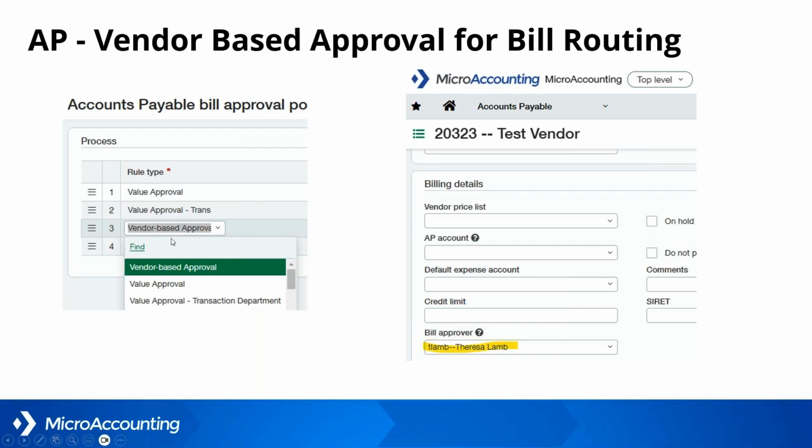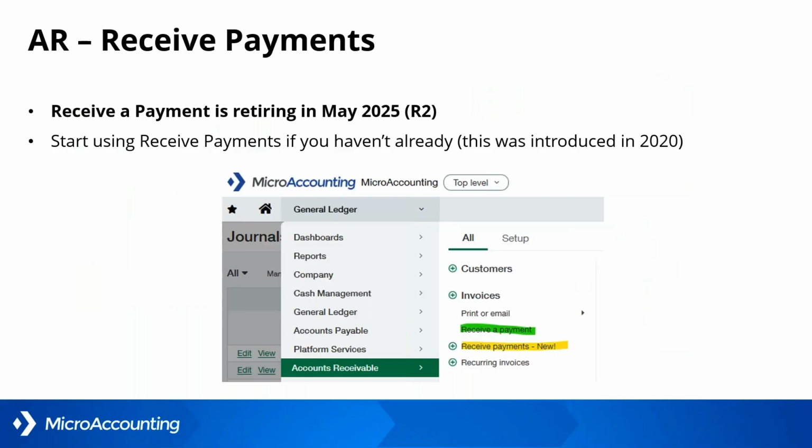Once I set that up, on the vendor itself over on the right, you'll see I have a bill approver. I can set an unrestricted user, which means they can't be restricted to specific entities. An unrestricted business user or an employee user can be set up as the approver, and we can also set up user groups for those approvers as well.